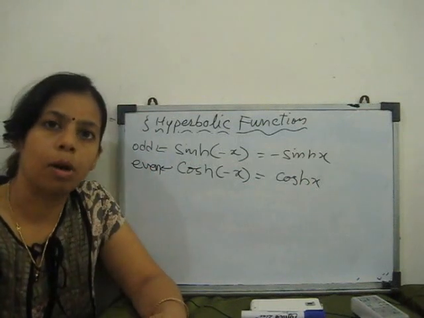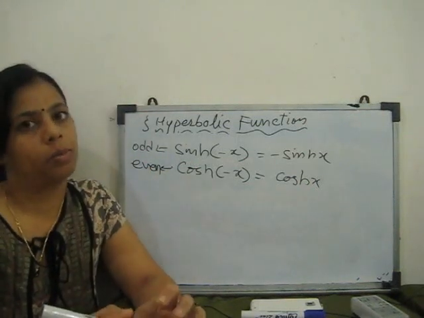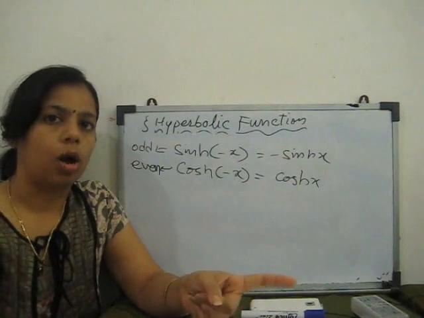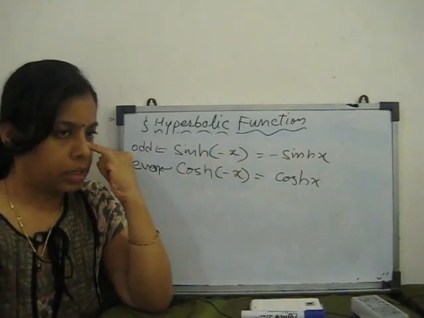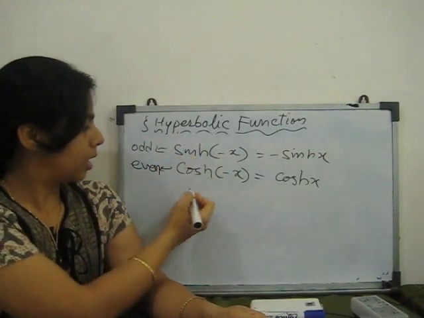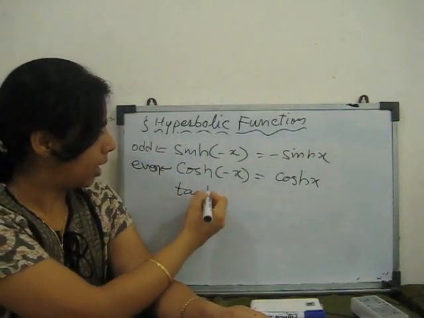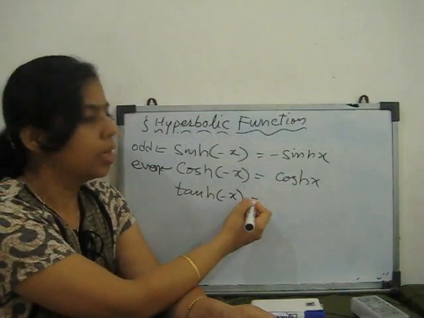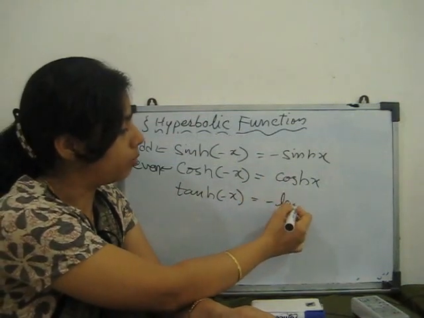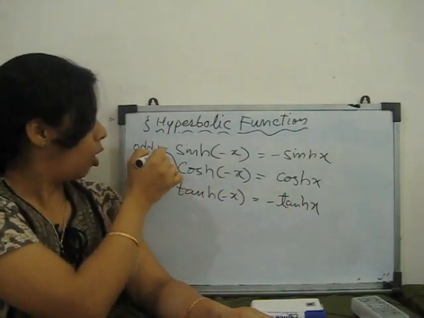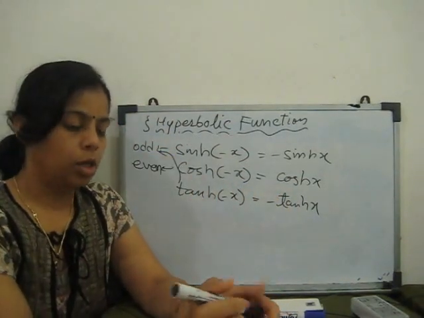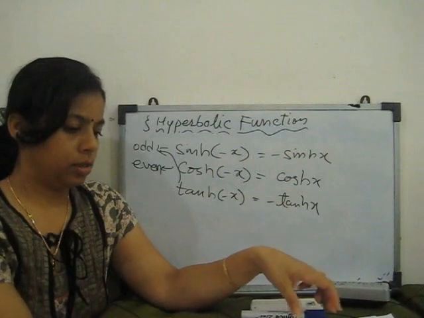Sine hyperbolic is not even, it is an odd function, and cos hyperbolic is an even function. Next is tan hyperbolic. Tan is sine by cos, so tan hyperbolic minus x is minus of tan hyperbolic x. So this is also an odd function, not an even function. So these are the transformations.